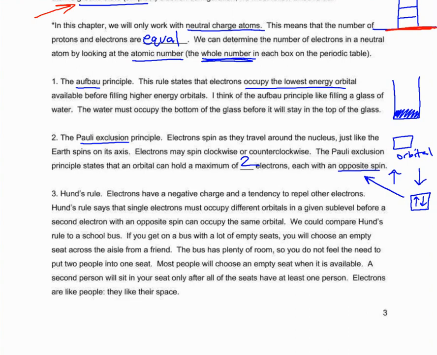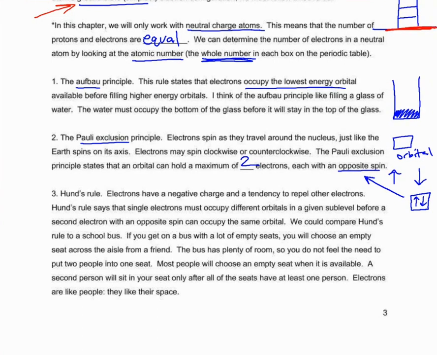The next one, Hund's rule. Electrons have a negative charge. We've already talked about that. But they have a tendency to repel each other. Remember, the same idea, opposites attract, but the same, they tend to repel. So anything with a negative charge, like all electrons, they don't want to get too close.